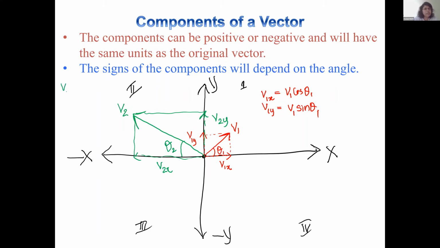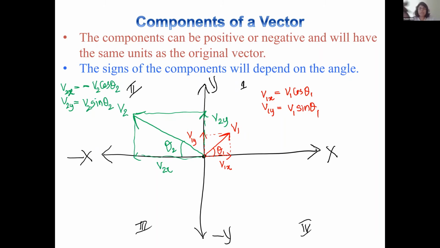Now we need to write V2x and V2y. V2x is in the negative direction, and V2y is in the positive direction. Adjacent is again the x direction, so that will be hypotenuse times cosine of theta2, and the other one is sine of theta2.